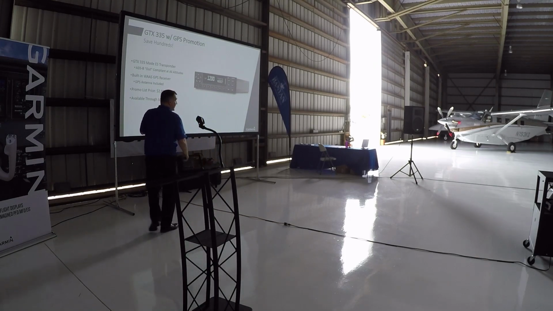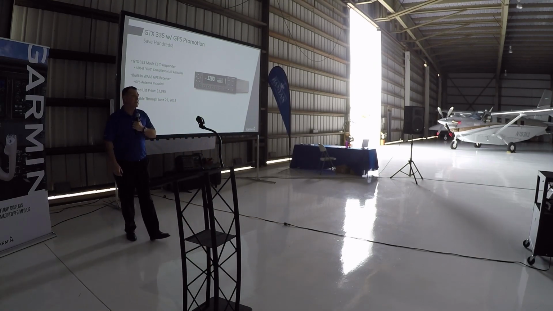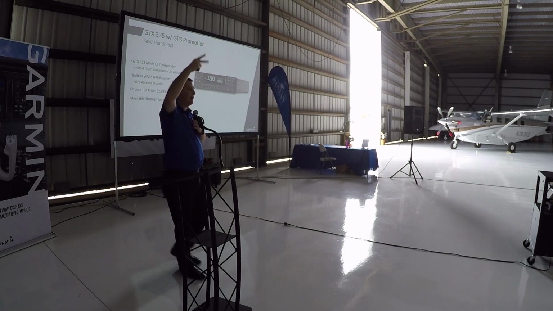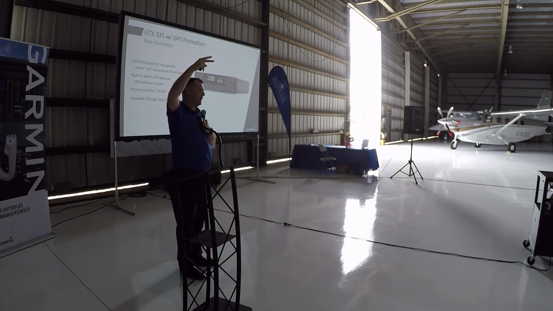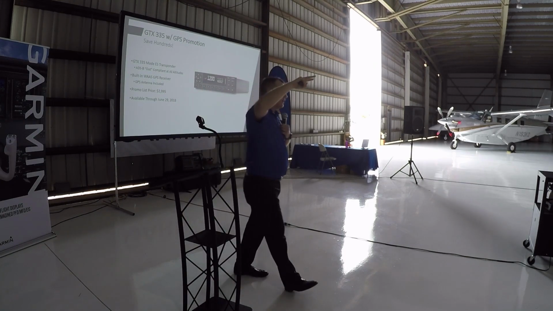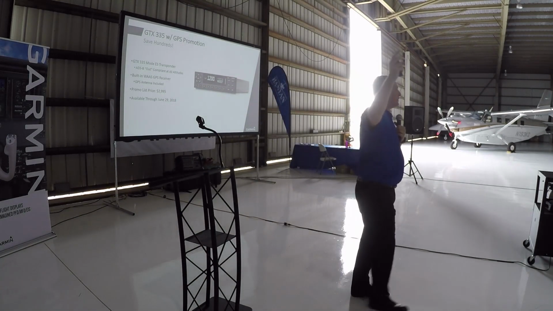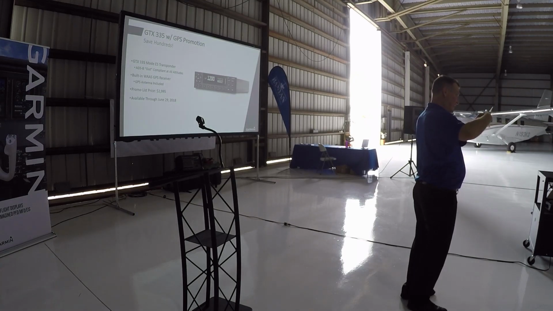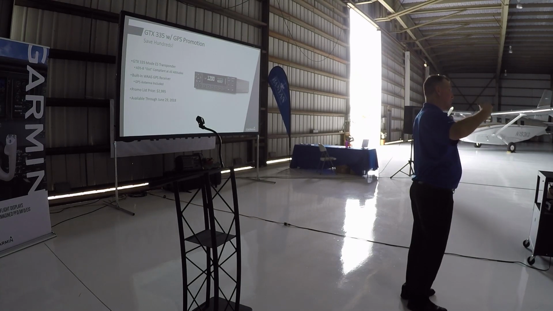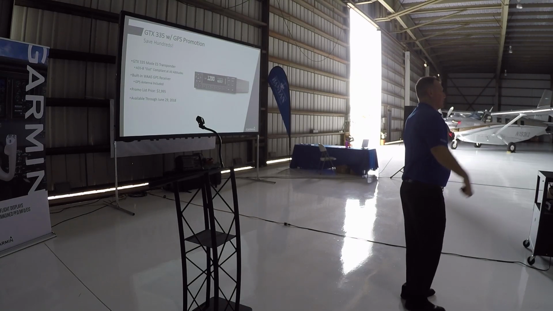And it's $2,995. The GTX 345 is $2,000 more. It's $4,995. So for that $2,000 difference, with the 345, you're getting the dual-link receiver. You're getting AHRS and Bluetooth all built into the transponder. So the 335 does not have that.